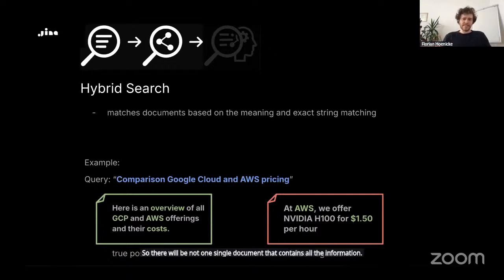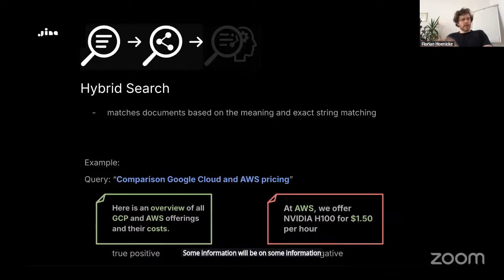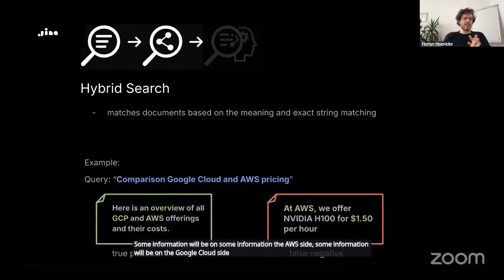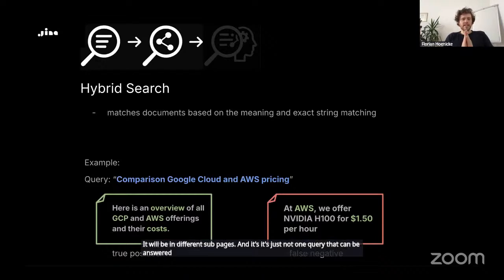In reality, all the information is scattered around the internet. Some information will be on the AWS side, some on the Google Cloud side, and even on those sites it will be in different sub-pages. It's just not a query that can be answered by a single pass through the search engine.